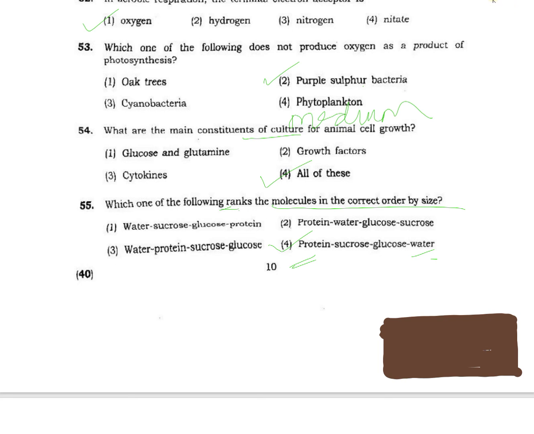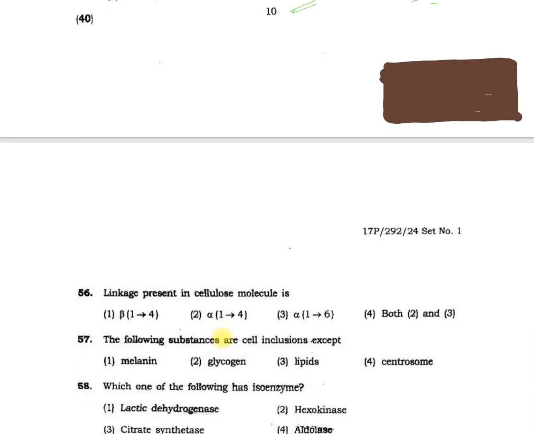Question number 56. The linkage present in cellulose molecule is 1. beta 1 to 4, 2. alpha 1 to 4, 3. alpha 1 to 6, 4. both 2 and 3. The correct option here is option 1, beta 1 to 4 linkage. Question number 57.